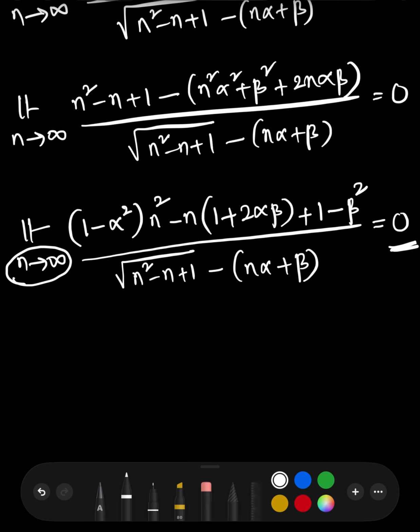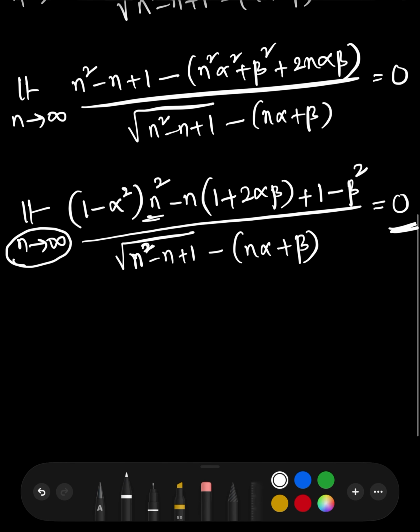Because of the root involved and n square, the degree will be 1. The highest degree will be 1 only. In the numerator, the highest degree is n square. That should not happen, because if the highest degree in the numerator is more than in the denominator, the answer will become infinity. If it is equal, we won't get 0; we will get the ratio of highest degree coefficients.